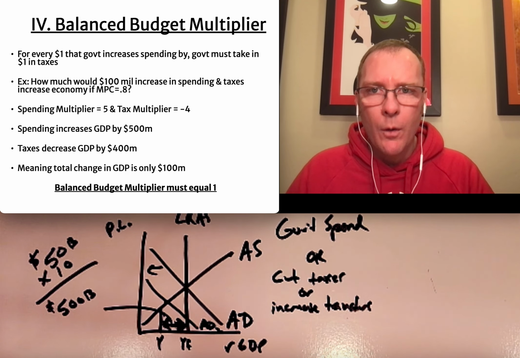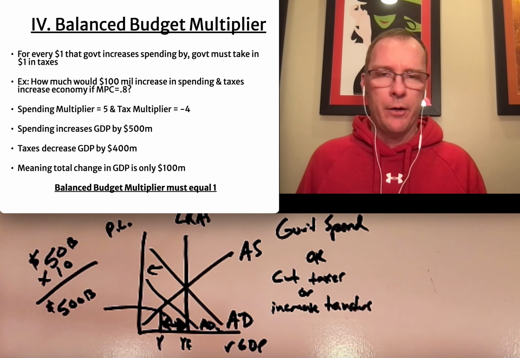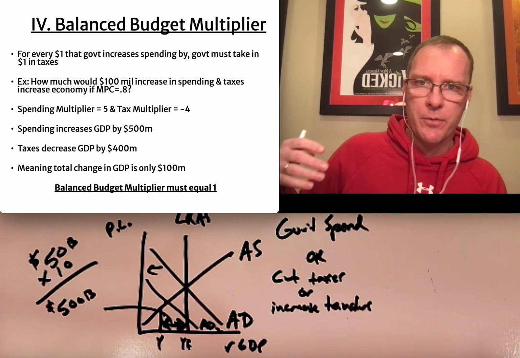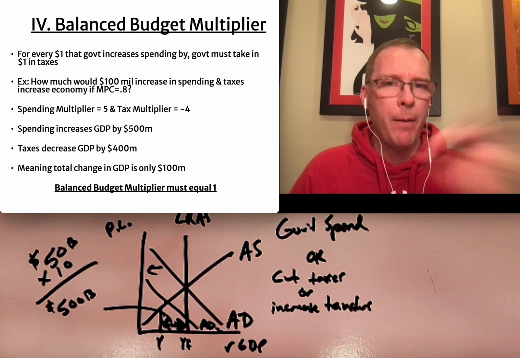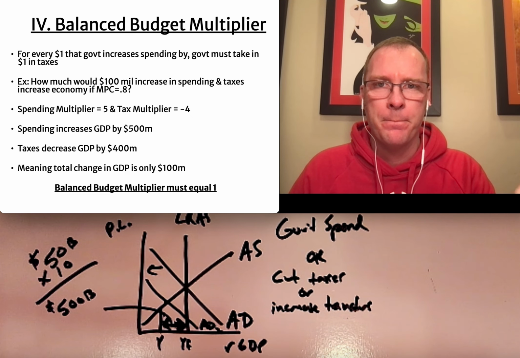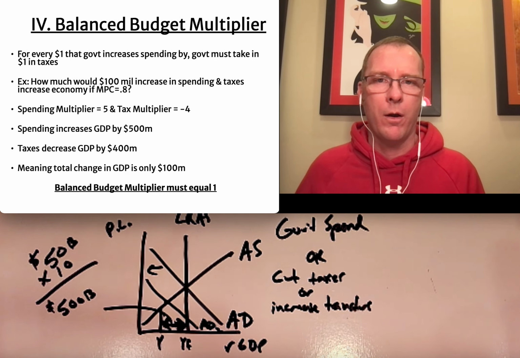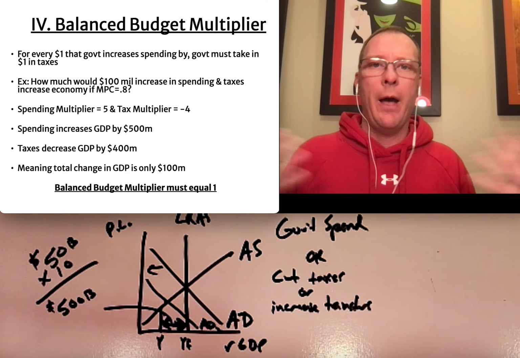Well, when we do that, if the government is spending $100 million, right? But then we're also taxing to get the $100 million. The spending multiplier is 5 because I'm spending all of it as the government. But the tax multiplier is -4 because I can only use what people have, right?